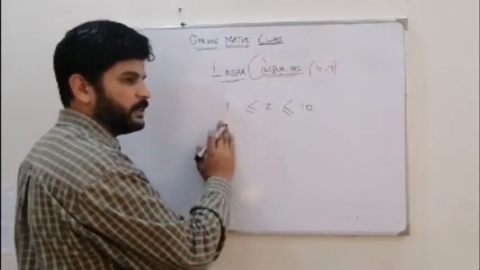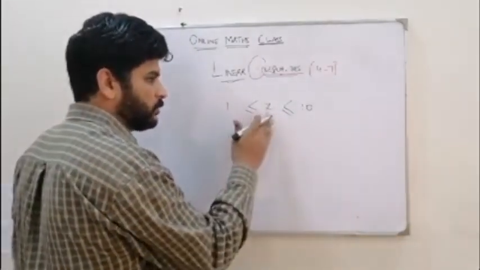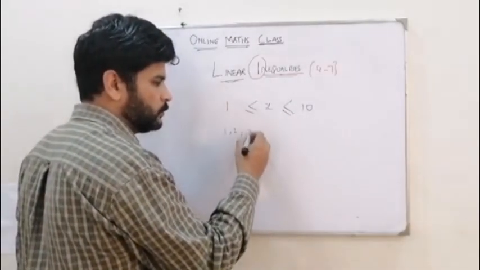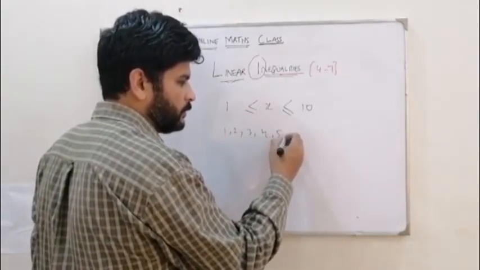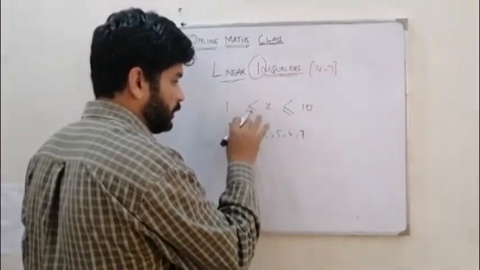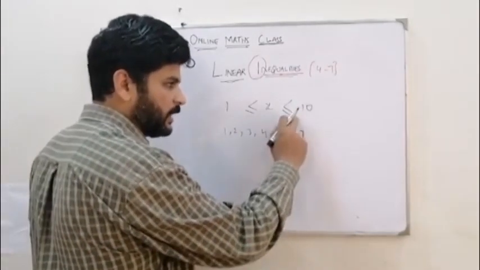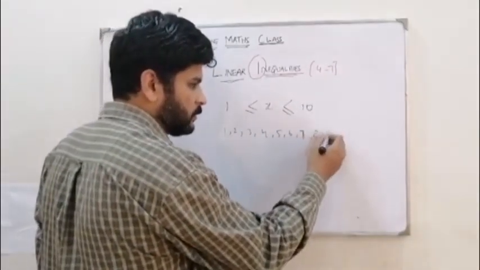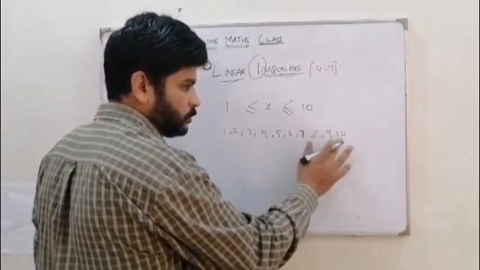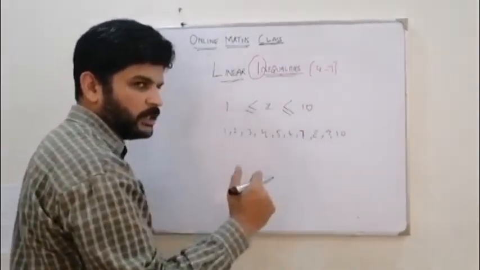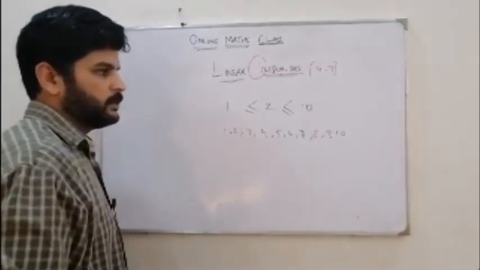Then x must be 1, 2, 3, 4, 5, 6, 7. Look, greater than or equal to 1, so equal to 1 and greater, but less than or equal to 10. So these are the numbers.